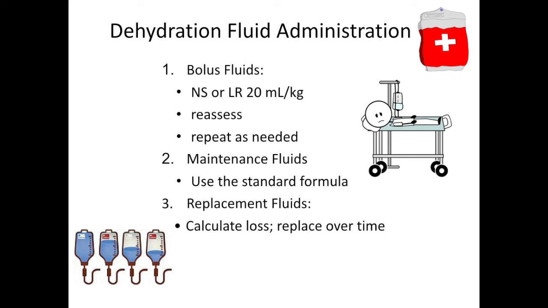And then we have replacement fluids, where we calculate the volume that's lost. We're going to add that to the maintenance fluid requirements and replace it over time. Bolus, and then give half the volume over 8 hours and the remaining balance over the next 16 hours. And this ends the lecture on fluid and electrolyte balance in pediatrics.